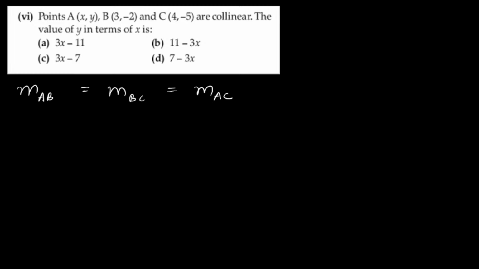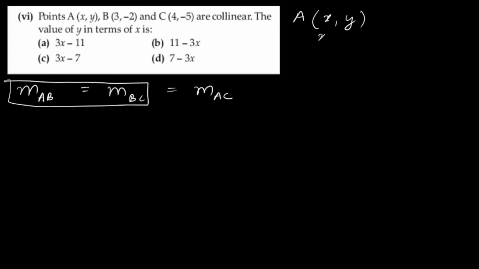Now we can find the slopes of AB and BC. Any two we can compare, because we have to find the value of y in terms of x. We will use the slope formula. For the slope of AB, we use the coordinates of A and B. A's coordinates are x, y, which we write as x1, y1.